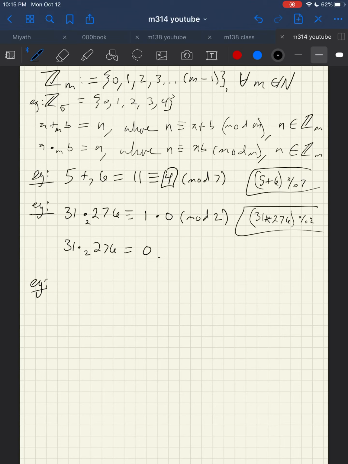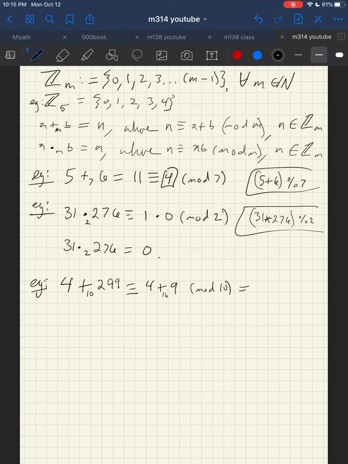Let's do another quick one. Let's do 4 plus sub 10, 299. Well, how do I do this? I could either add these and then reduce mod 10, or I can reduce mod 10 first, like I did with this one. So this is going to be congruent to 4 plus 9 mod 10.